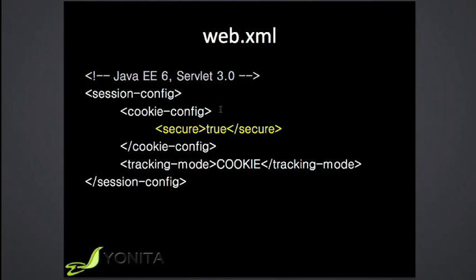Also, there is another security constraint which can be set up in web.xml for the transport to be confidential, or for the transfer to provide confidentiality or integrity. Basically, in a Java application, it means in both cases the same. Use HTTPS.